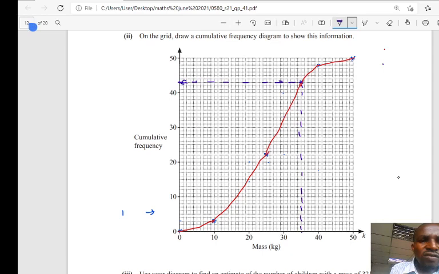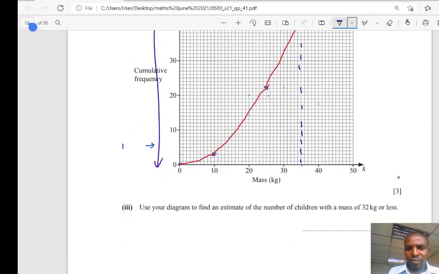So how many? 40, 41, 42, 43. 35 kg or less. Less means going down. So from 0 to 43, there are 43 students. 43 children. Then you can say you are done.